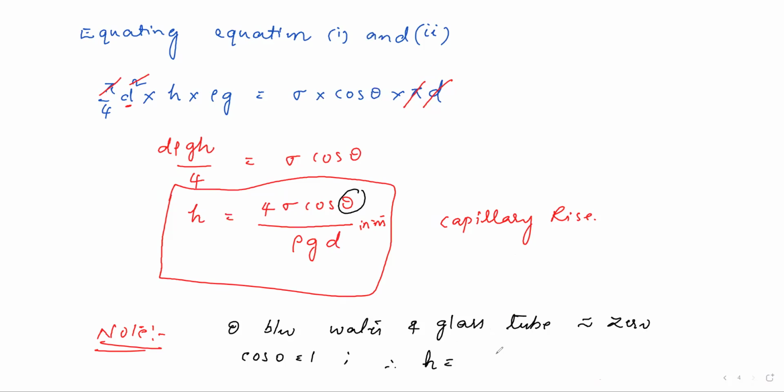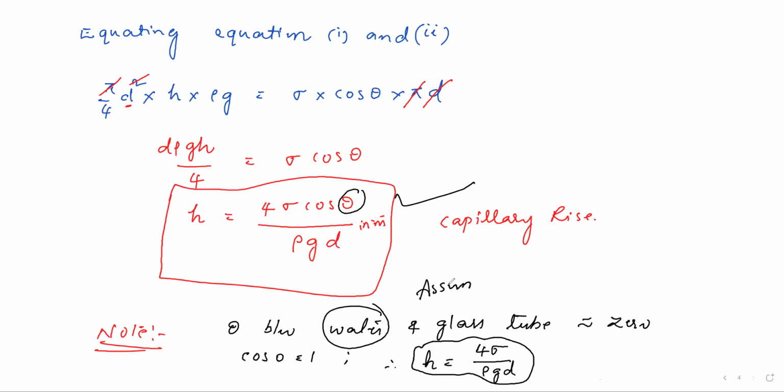Then h is equal to 4 sigma by rho g d. So this is the equation, right? If the theta angle is given, then better use the earlier equation for capillary rise. If the theta angle is not given, and the given liquid is water with a glass tube, then we definitely have to assume theta is equal to 0. Clear?